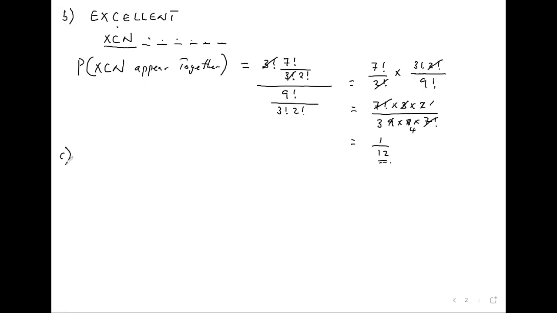So that we talk about C. The letters occur in alphabetical order. How many ways do we have of these guys occurring in alphabetical order?